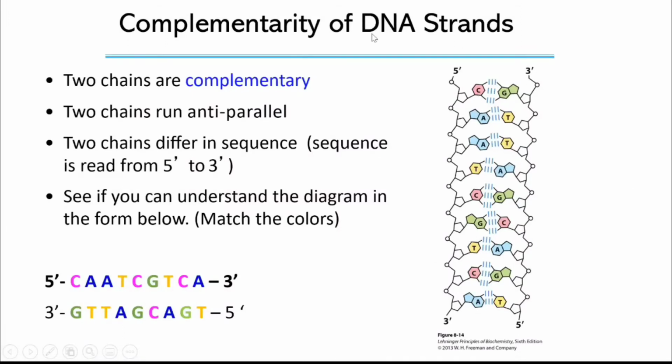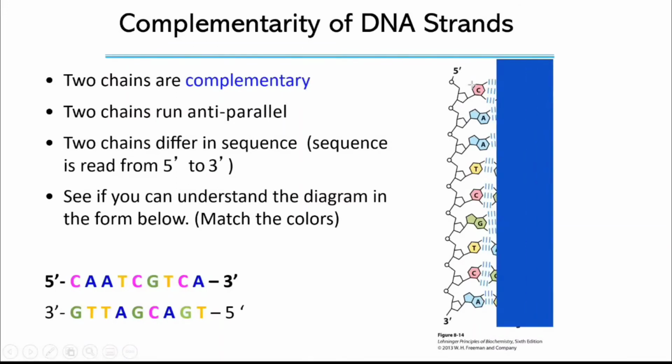And in here, I think I made the life easy for you. Take a look at this very, very carefully. I'm trying to block this off for your convenience. Look on the top. It starts with C-A-A-T. That's what is here, C-A-A-T. C-G-T-C-A, C-G-T-C-A.